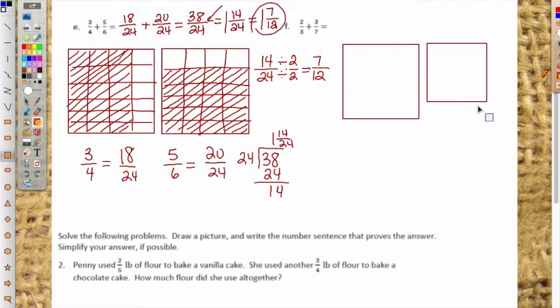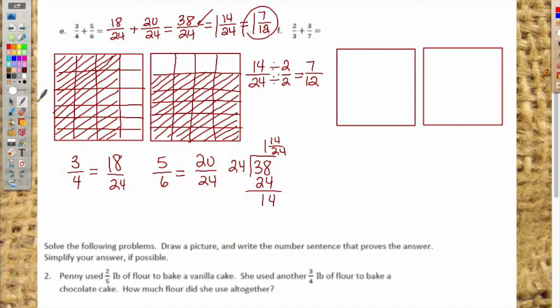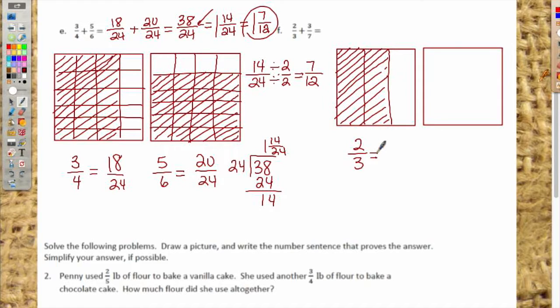2/3 plus 3/7. The 7ths really gave us trouble, and so did the 6ths. I know I've told you that already, but I'm trying to keep it from happening again. So 2/3.